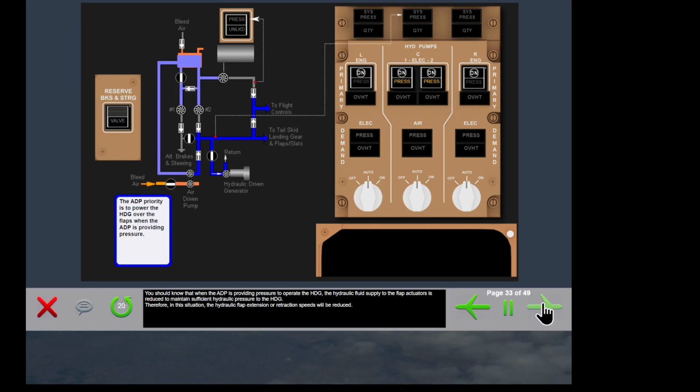You should know that when the ADP is providing pressure to operate the HDG, the hydraulic fluid supply to the flap actuators is reduced to maintain sufficient hydraulic pressure to the HDG. Therefore, in this situation, the hydraulic flap extension or retraction speeds will be reduced.